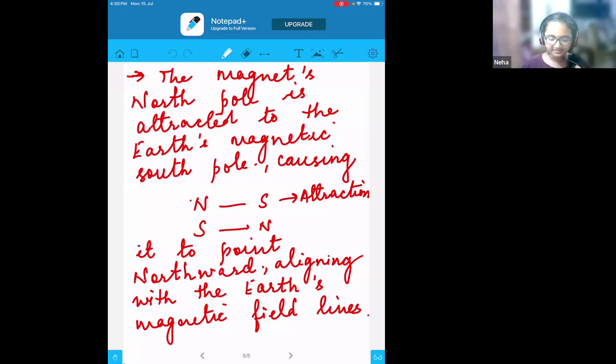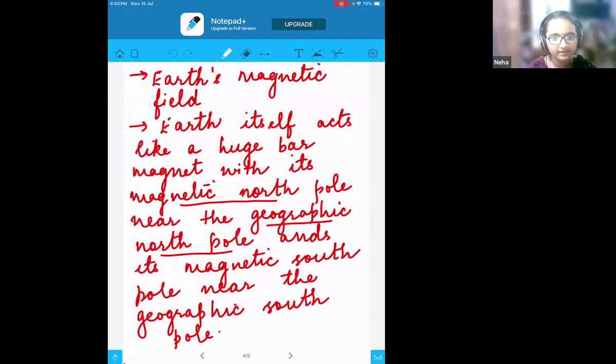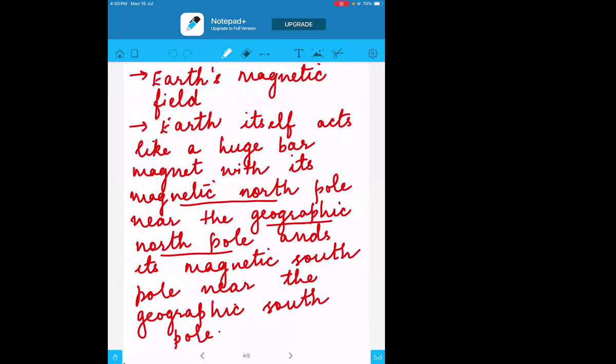Ma'am, on the previous page, isn't the magnetic North Pole near the geographical South Pole? No, see, here we are talking about the Earth actually, not about the normal magnet. But when we compare it, then it becomes the opposite. North Pole will indicate South Pole and South Pole will indicate North Pole.